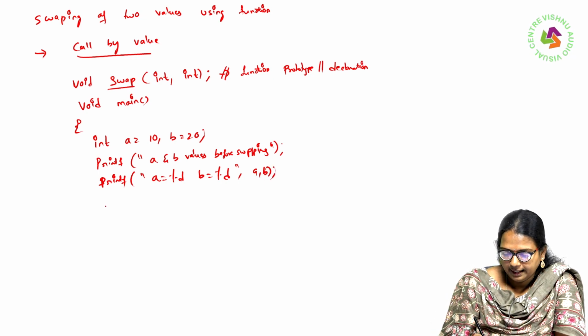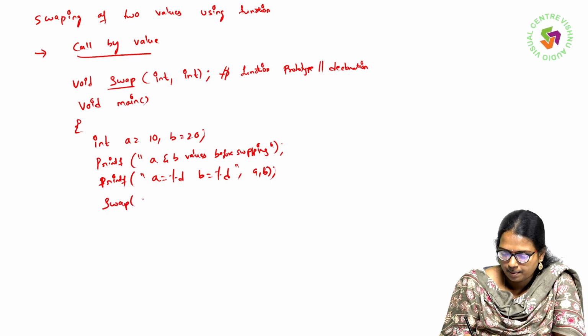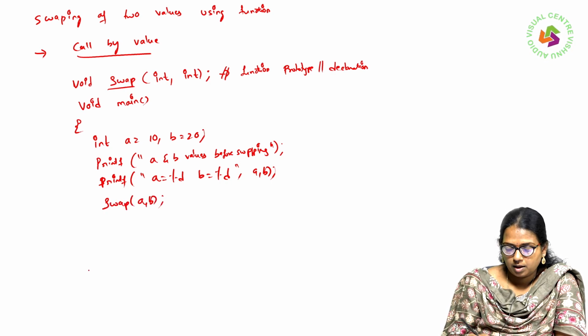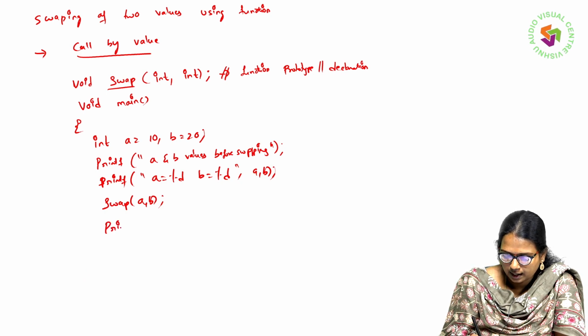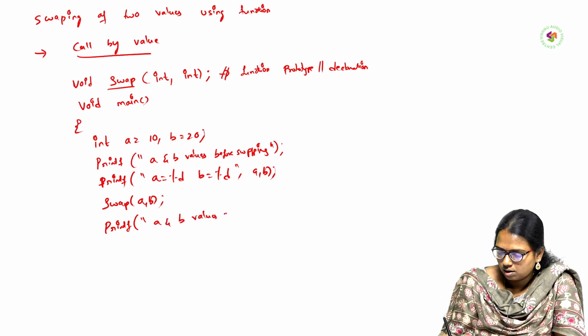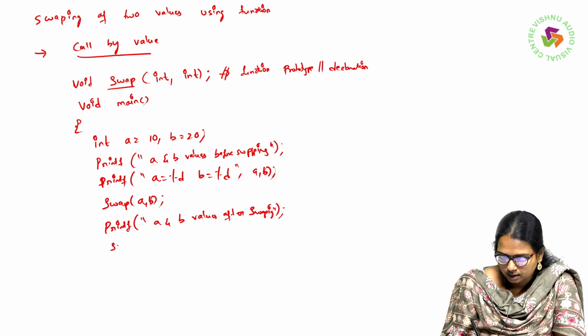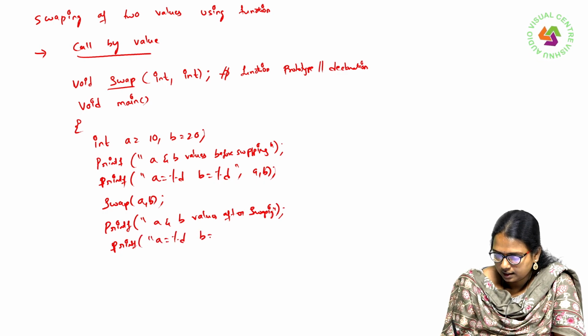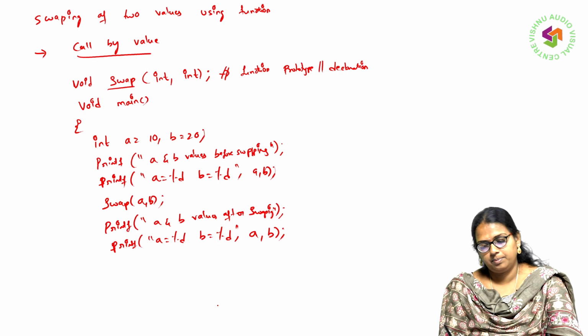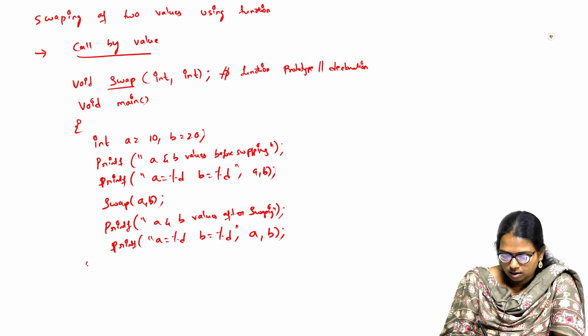After printing, I'll call the function swap a comma b. After swapping, I want to print a and b again, the a and b values after swap. printf a is equal to %d, b is equal to %d, a comma b, and close.